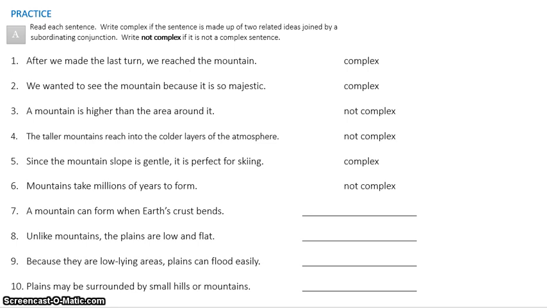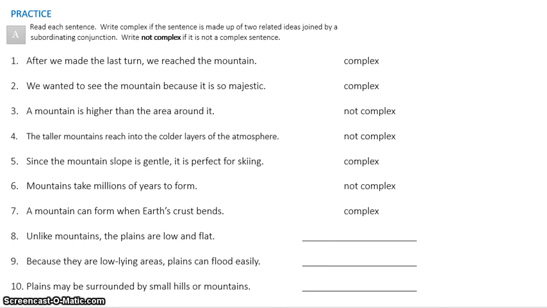A mountain can form when Earth's crust bends. So we've taken a mountain can form, and we've taken Earth's crust bends, and we've combined those 2 sentences with the word when, which is on our subordinating conjunction chart. So that means it is going to be complex.